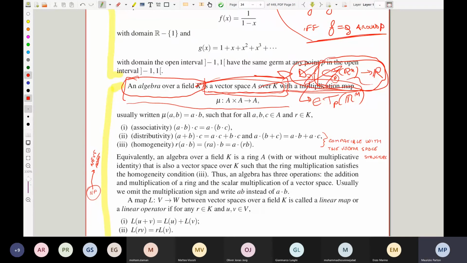I mean, no reason in putting a multiplication when this multiplication is not distributive with respect to the sum, for instance. This is a very reasonable assumption, okay? And so you will ask something like this. And also, you have another multiplication, the scalar multiplication, and it would be nice if doing this would be equivalent to doing this.